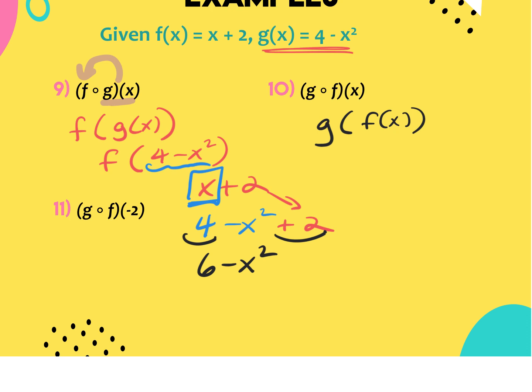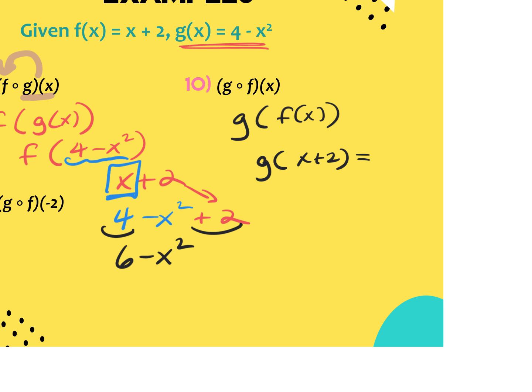So remember, my f of x function is x plus 2. So let me go ahead and write down my g of x function. Remember, it was 4 minus x squared. So what we're doing is we're taking out the x and replacing it with x plus 2.